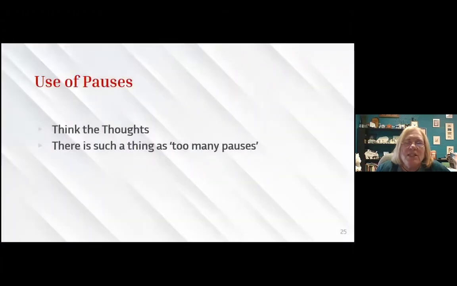So first, let's look at pauses. I put down, you want to think the thoughts again, because that is one of the essential keys. You want to think about what you're saying and to make it as conversational and as natural as possible. So you are going to put in some pauses, but there is such a thing as too many pauses.